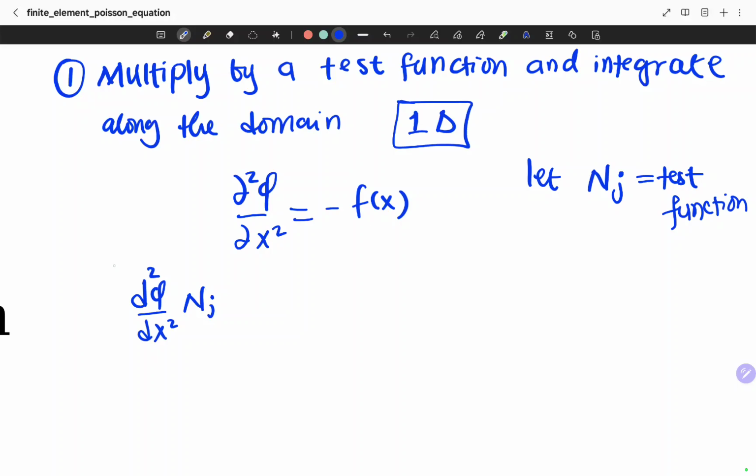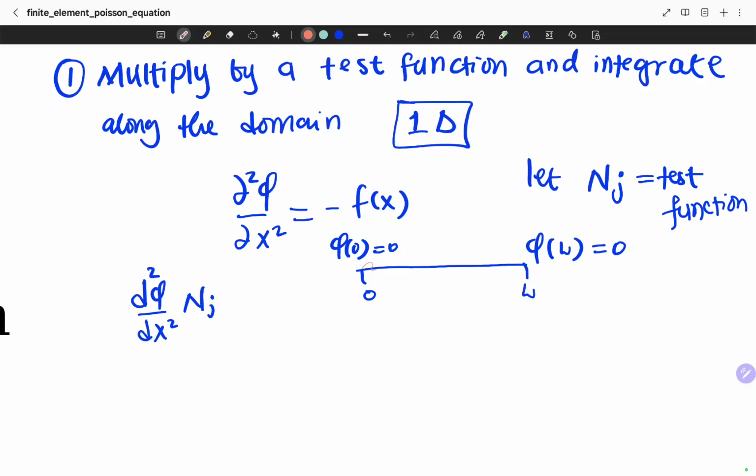So we're going to integrate. Let's say we're solving this problem for a domain from 0 to L, for example, and let's say psi of L is 0 and psi of 0 is 0.